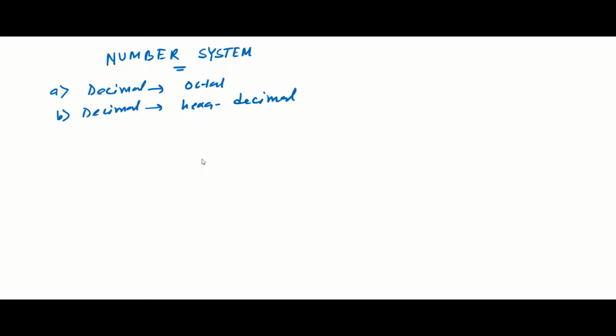Let's take one example. Let's take the number 88 in decimal. We want its equivalent number in octal, as well as its equivalent number in hexadecimal. So let us see how we can do this.